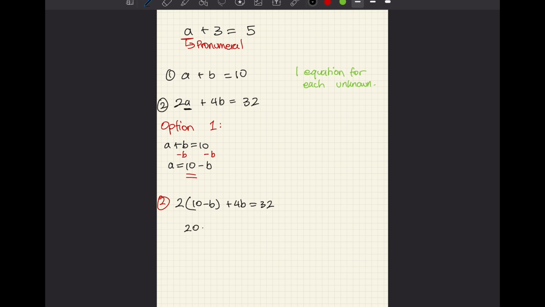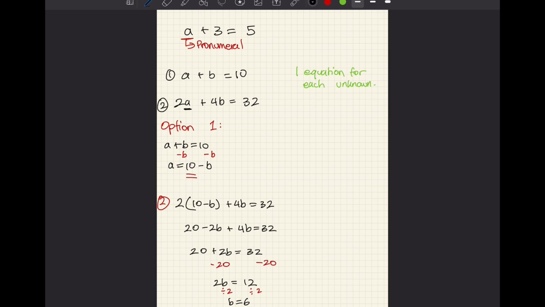So 20 minus 2b plus 4b equals 32. 4b minus 2b is 2b equals 32. Then we'll minus 20 off both sides to give us 2b equals 12, and then divide each side by 2 to give us b equals 6.